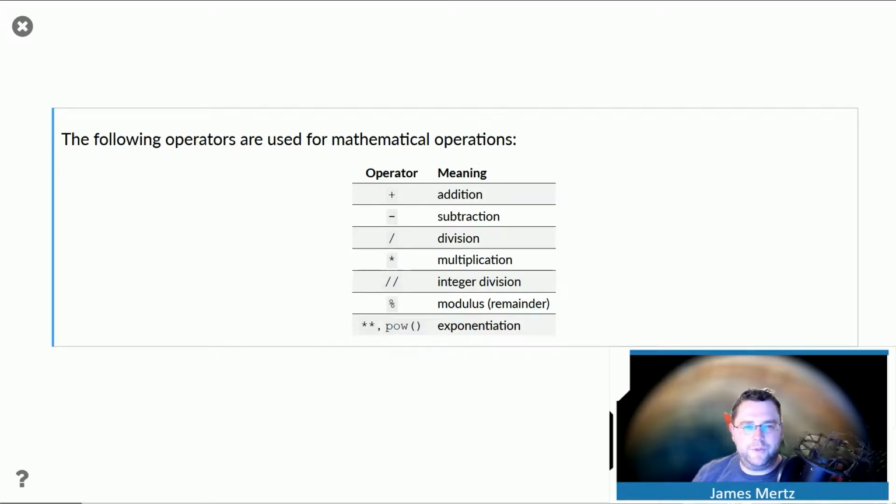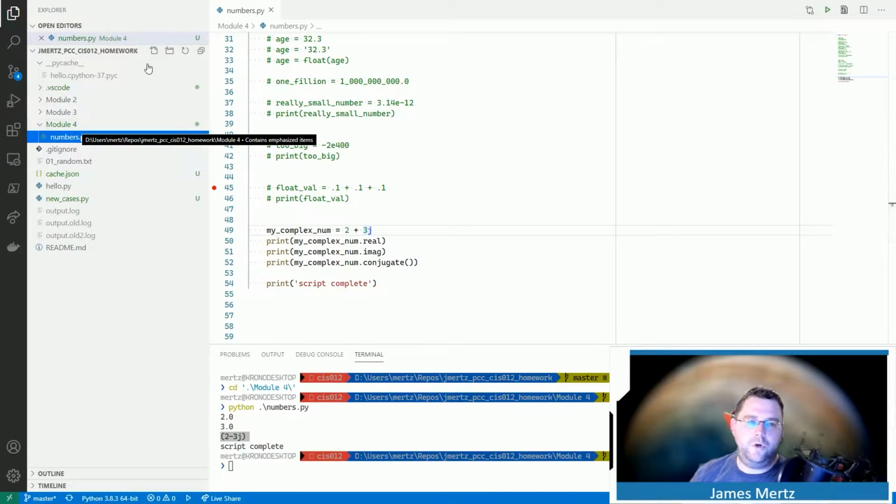We'll go over what exactly that means, but that's essentially how many times does one number evenly divide into another? The modulus is similar. How many times does it evenly divide and then give you the remainder that's in there? And then exponentiation, that is a number to the power of another number. So let's work with these.